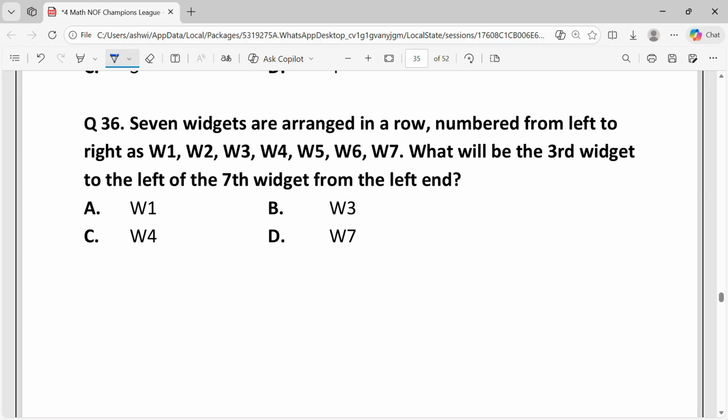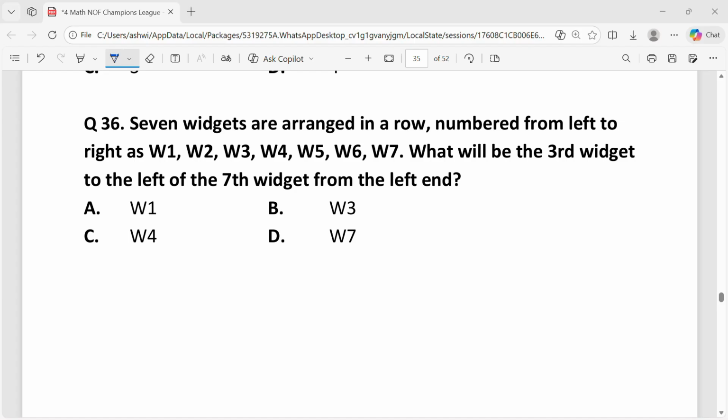Question 36. 7 widgets are arranged in a row numbered from left to right as W1 to W7. What will be the third widget to the left of the 7th widget from the left end? The 7th widget from the left end is W7.